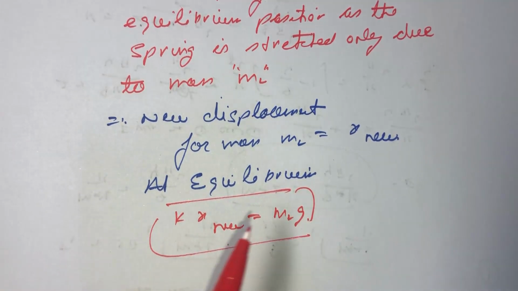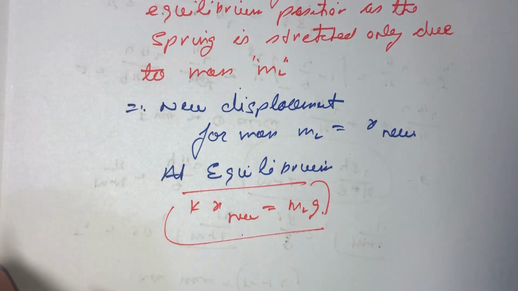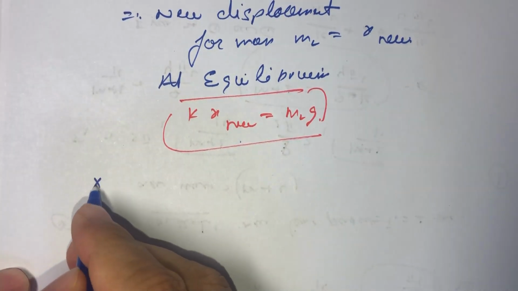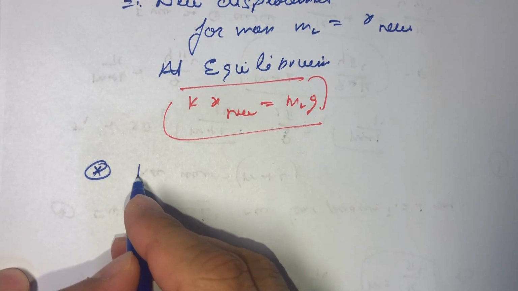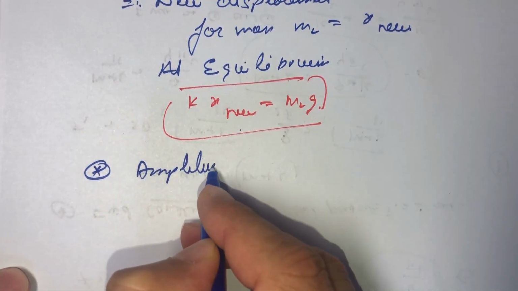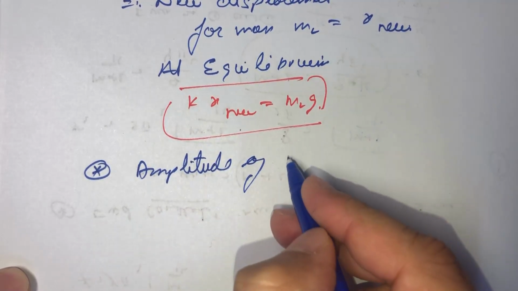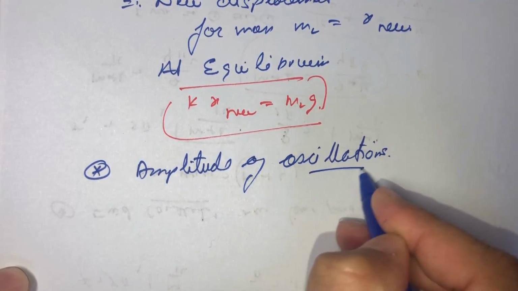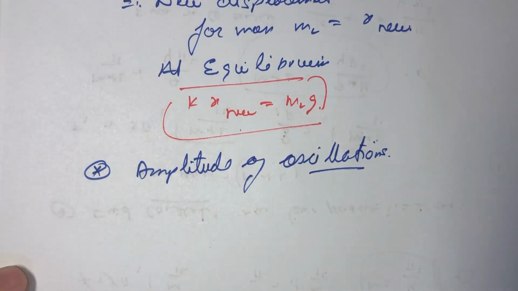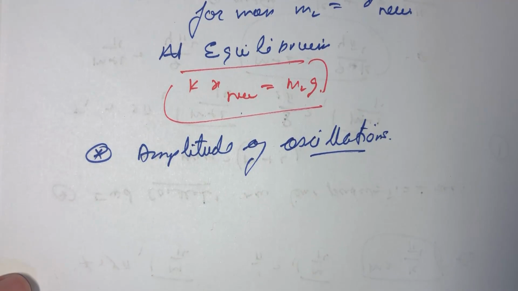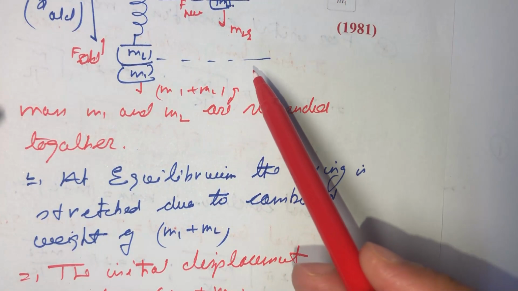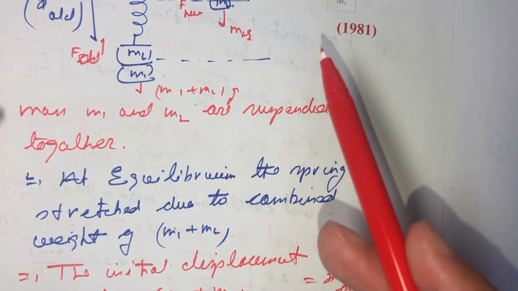Now we have to find out what will be the amplitude of oscillations, A. As soon as m1 is removed, the spring is going to oscillate about its initial position.